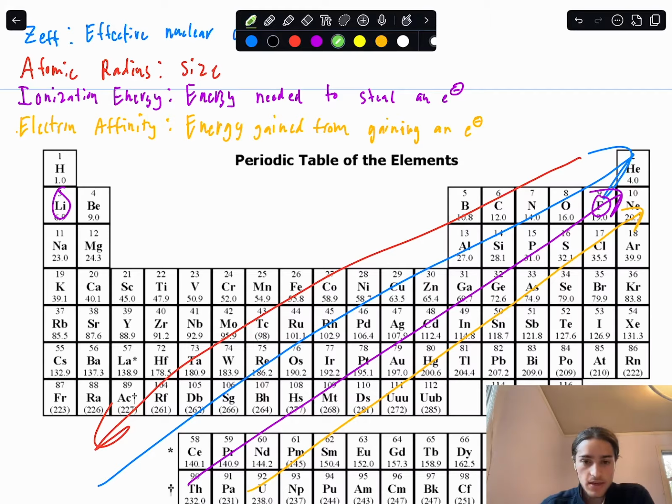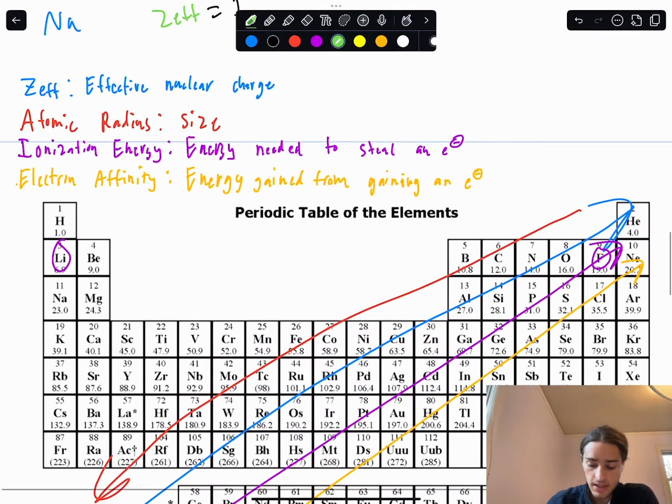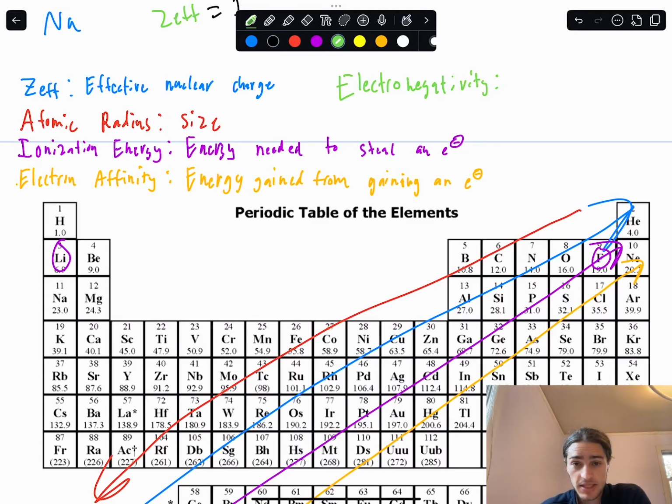And then one more periodic trend I want to talk about. This isn't one that usually you spend too much time with in Gen Chem, but as it turns out, I would actually argue it's the most important, and it's called electronegativity. I'm sure you've heard that word before, because in OChem, this is one of those things that comes up over and over again.